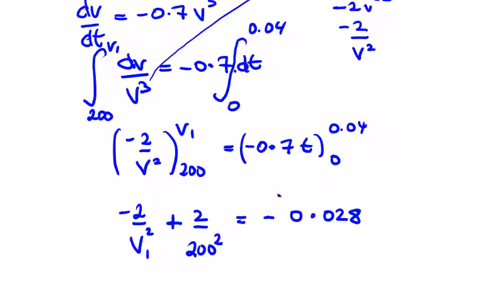So we can bring this to the left and simplify it down. This works out to be v1 is equal to 4.225 meters per second on a calculator.